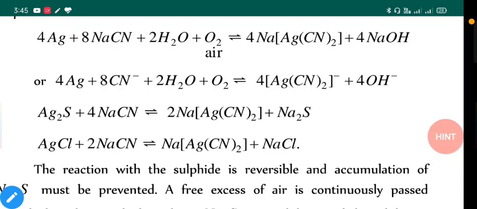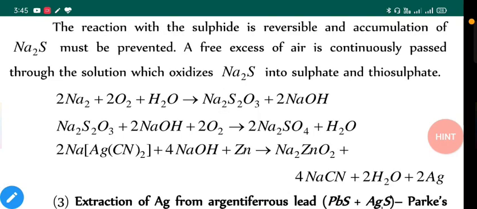Similarly, Ag2S with NaCN forms the same type of compound, and AgCl again forms the same type of compound. So that means we can get water soluble silver compounds using this method. Now the reaction with the sulfide is reversible, and the accumulation of Na2S must be prevented. A free access of air is continuously passed through the solution, which oxidizes Na2S into sulfate and thiosulfate.